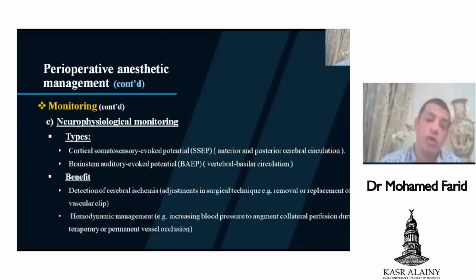Neurophysiological monitoring, either cortical somatosensory evoked potential used for anterior and posterior cerebral circulation, or brainstem auditory evoked potential used for the posterior circulation. Its advantage is detection of cerebral ischemia, adjustment in surgical techniques or removal or replacement of the vascular clip, hemodynamic management, increasing blood pressure to augment collateral perfusion during temporary or permanent vessel occlusion.